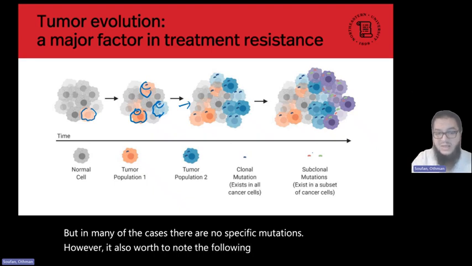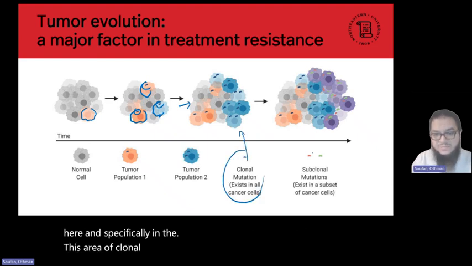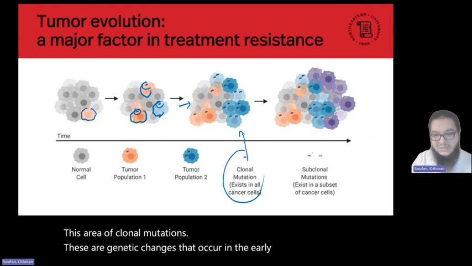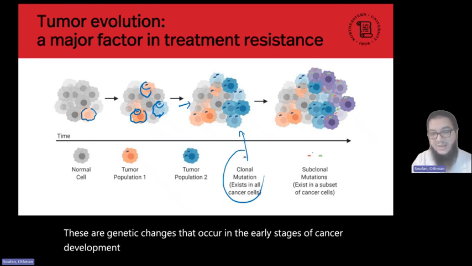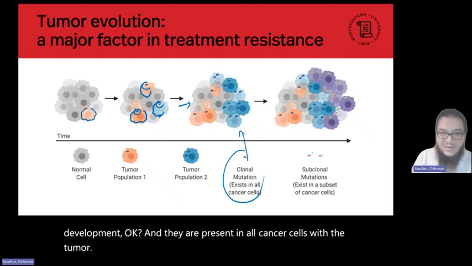What we are seeing here, and specifically in this area of clonal mutations, these are genetic changes that occur in the early stages of cancer development. Okay, and they are present in all cancer cells within a tumor, and they had a common ancestor.